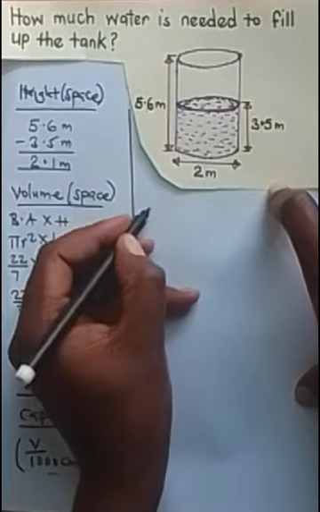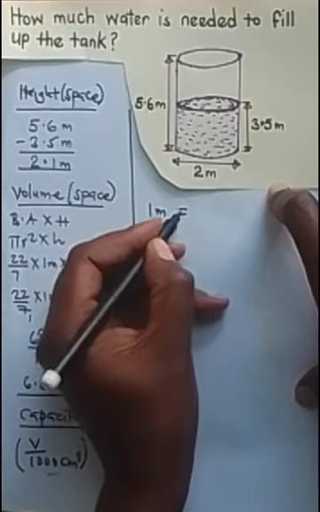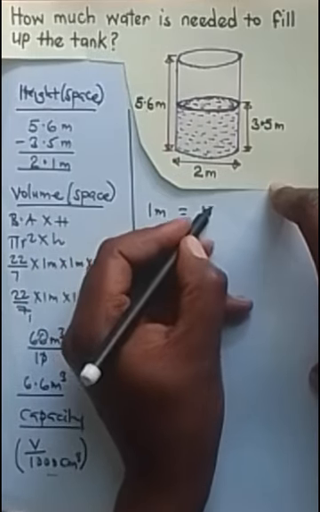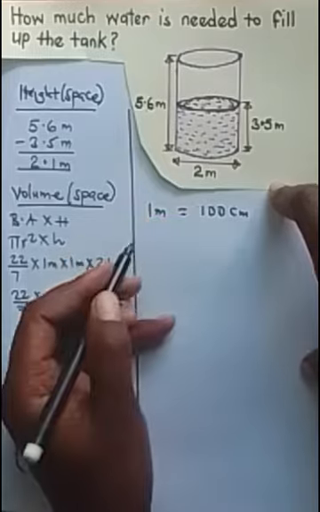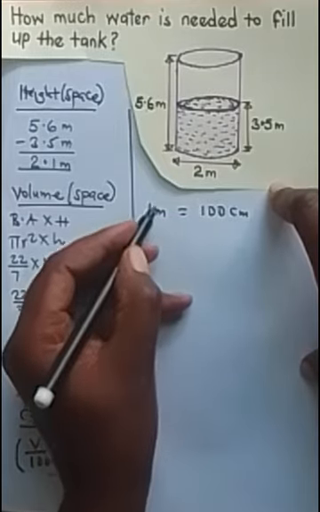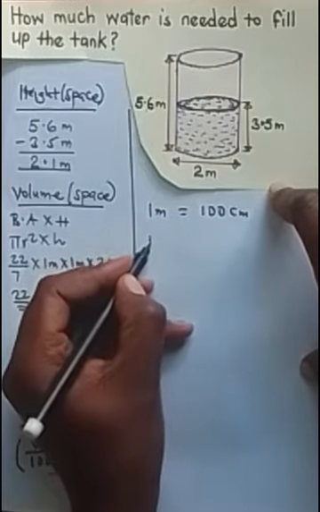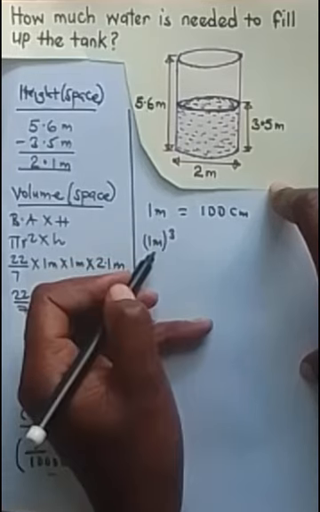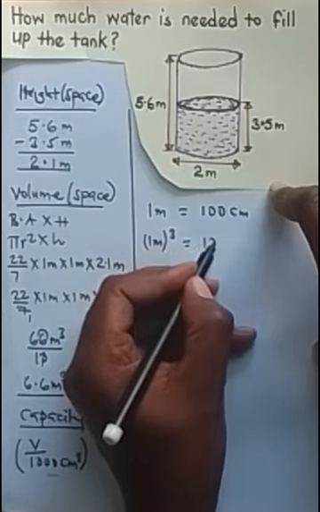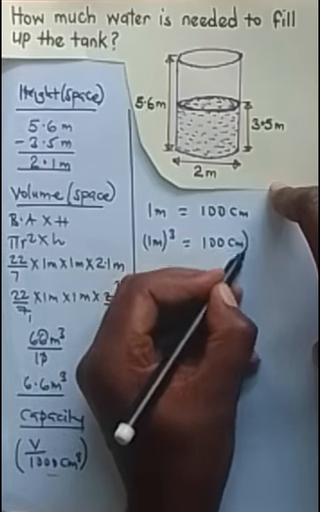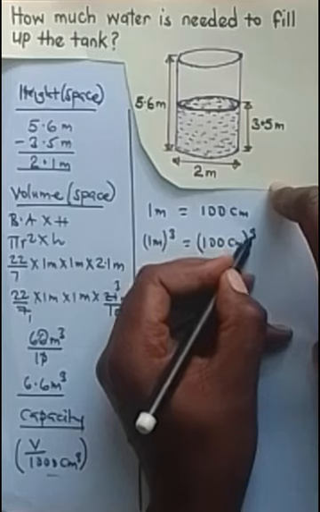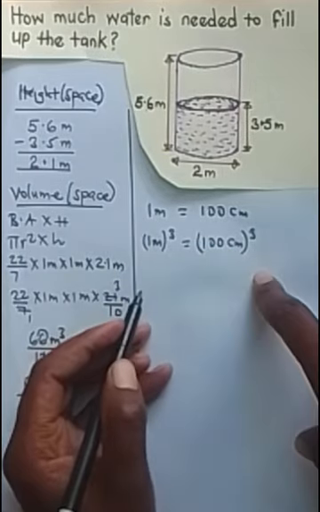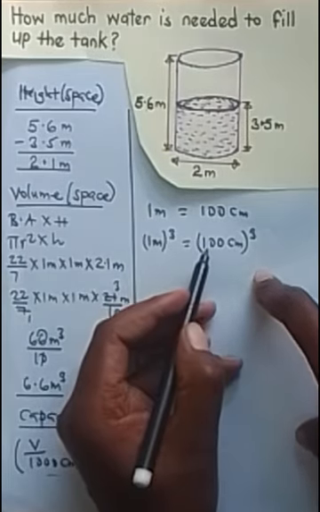We need to know that 1 meter is the same as 100 centimeters. Now, when we cube it, 1 cubic meter will be the same as 100 cubed centimeters. So this one means we multiply whatever is here 3 times.